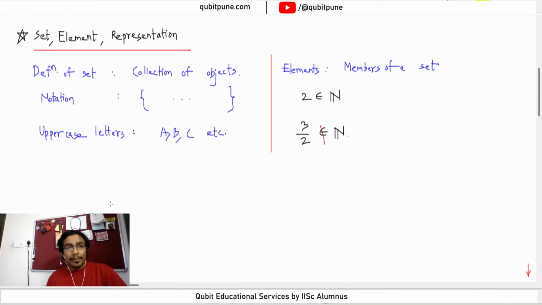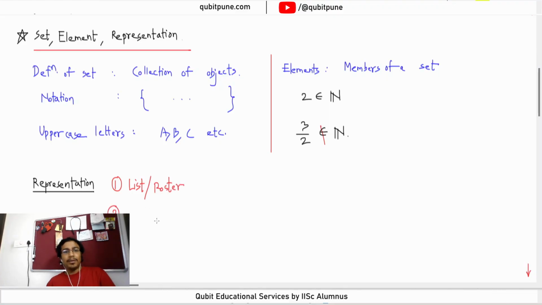Now, when it comes to representing sets, including its elements, we have 3 ways. The representation of a set consists of 3 ways. First one is called the list form or roster form. Second one is called the set builder form, which is more popular.